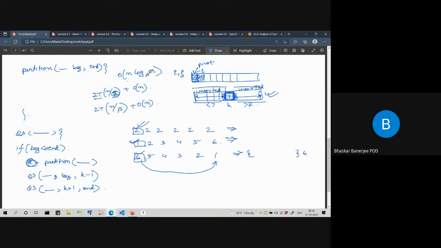Now, asymptotic complexity: we discussed that constants do not matter. So I can write this statement like O(n log n base 2 by log β base 2). Now you see this is a constant term, because beta is constant and 2 is also a constant.